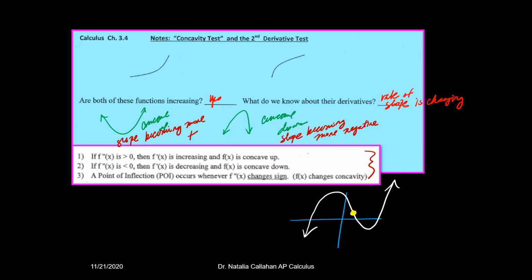It is that kind of turning point when something is going from concave down to concave up. And you will find that point of inflection by using the second derivative. It is when f double prime of x changes sign.